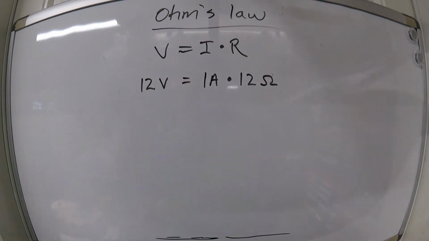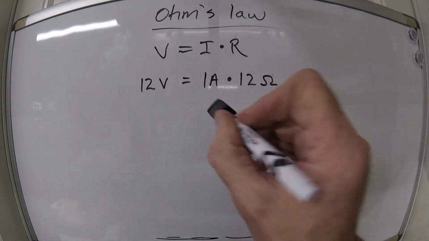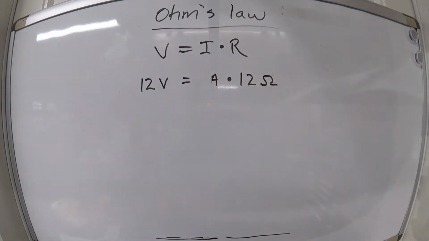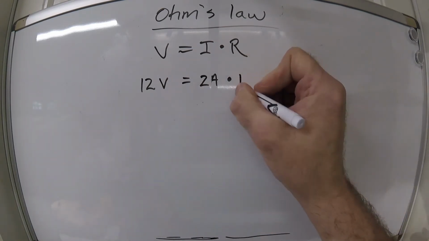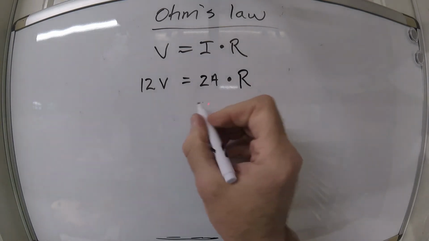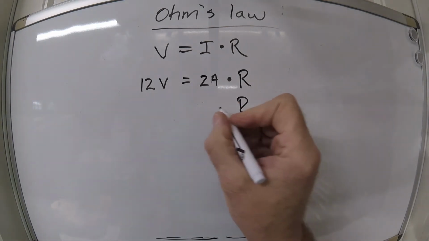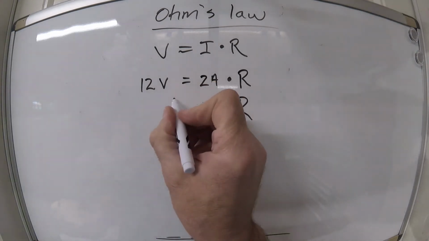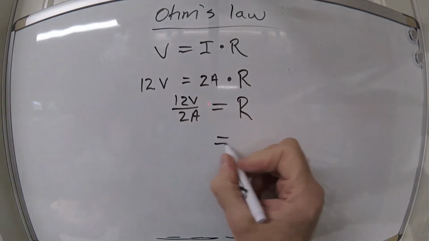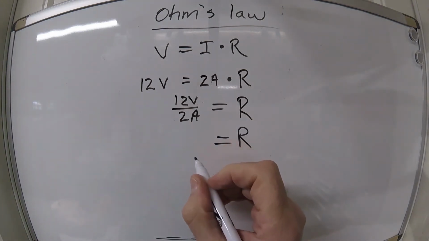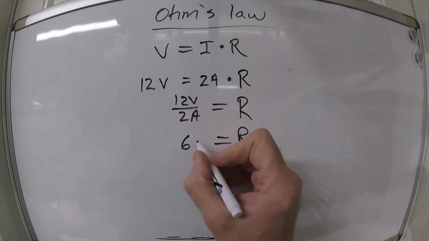If we do, it'll be in another lesson and you'll be ready for it by then. So that's very simple. You can see if we have 12 volts and we have 2 amps, and we want to solve for the resistance, well, what we could do is say the resistance is equal to 12 volts divided by 2 amps. And that means the resistance is equal to 6 ohms.